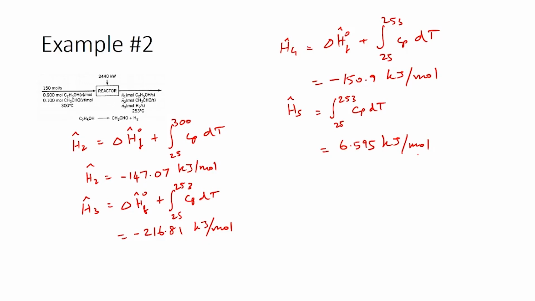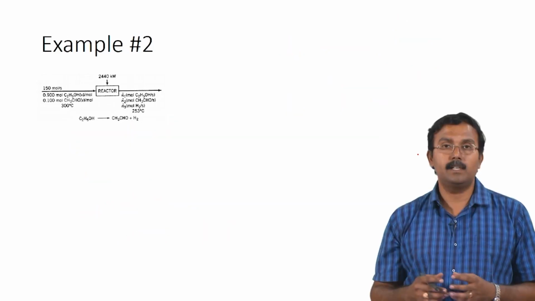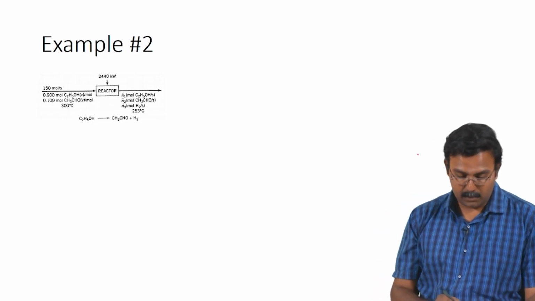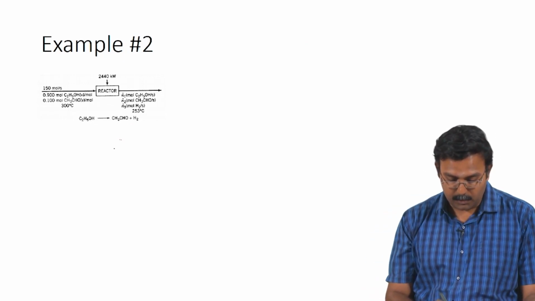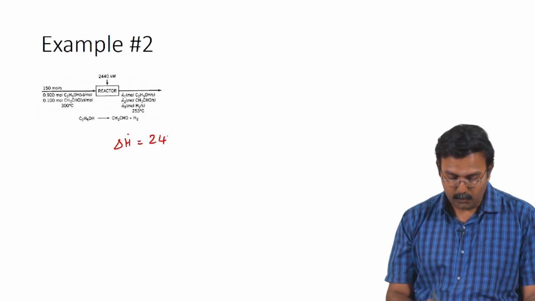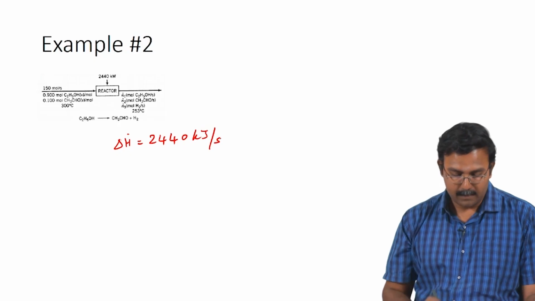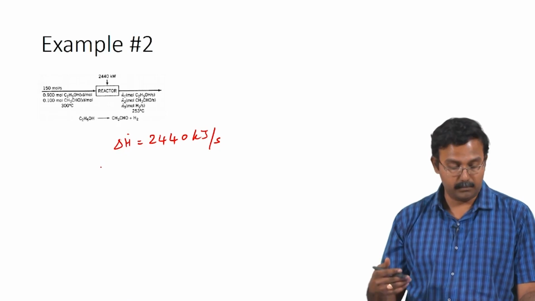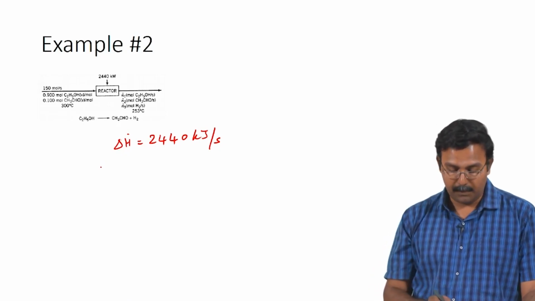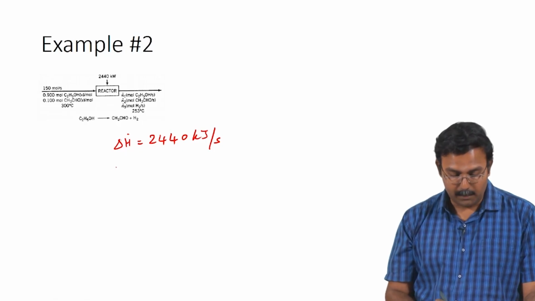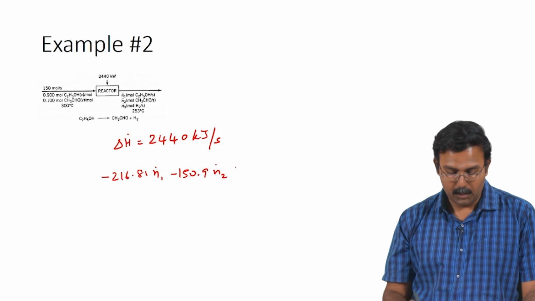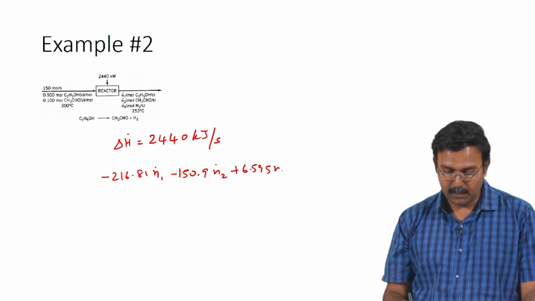So, we can substitute this in the equation we had to get the third equation which is required for solving the material balances. So, now let us look at the equation. We said that the equation simplifies to delta H dot equals 2440 kilojoules per second. If we plug the values for the enthalpies from the enthalpy table and calculate the change in enthalpy, delta H dot, this equation would become minus 216.81 N1 dot minus 150.9 N2 dot plus 6.595 N3 dot.